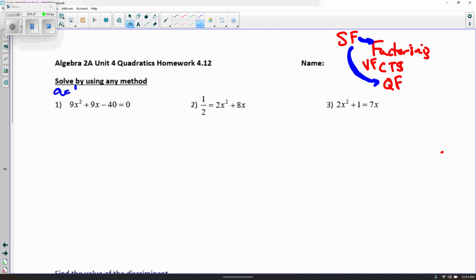A is 1, and B is 9. You don't have to write this down. And C is negative 40. So I have students who start working on this. Your quadratic formula, you know it by heart? So, what is the quadratic formula?